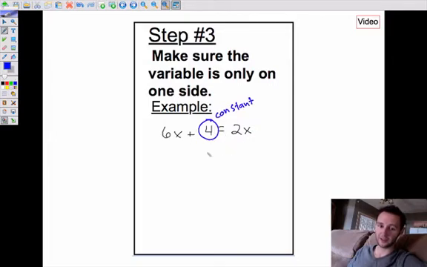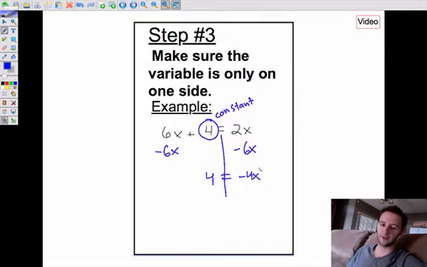So if we moved all the x's to this side, it wouldn't really do us that much good, because we would still have some x's plus 4 equals 0, and then we would have some more steps to do. To avoid those extra steps, I always, as a rule of thumb, move the x's, or whatever variable, to the opposite side of where the constant is. So I'm going to subtract 6x, subtract 6x, and you are left with 4 equals negative 4x. Okay, so that's step 3.